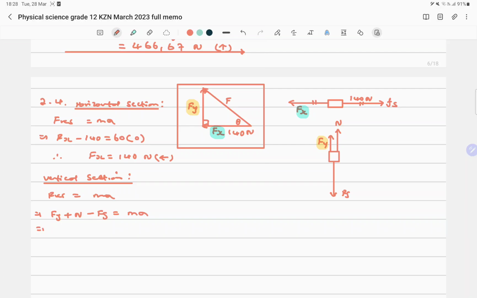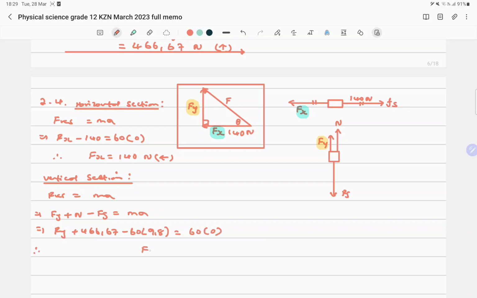Not a problem. This implies that Fy plus, we got this one, 466.67 minus 60 into 9.8 is 60 into 0.